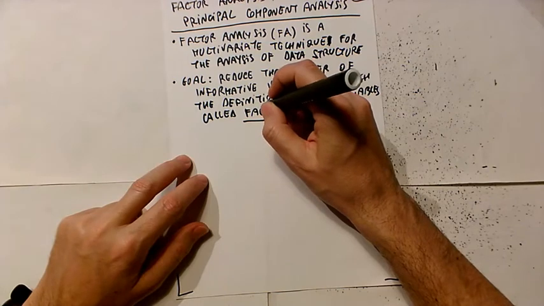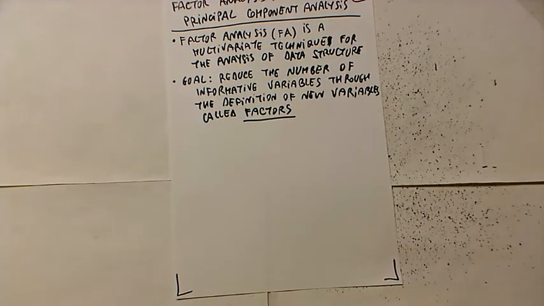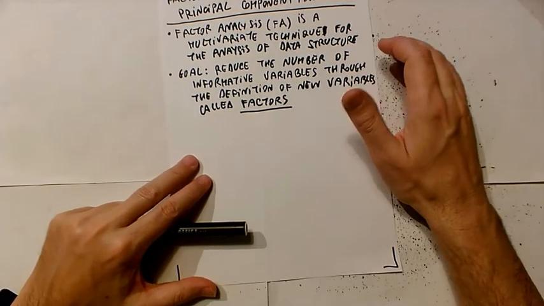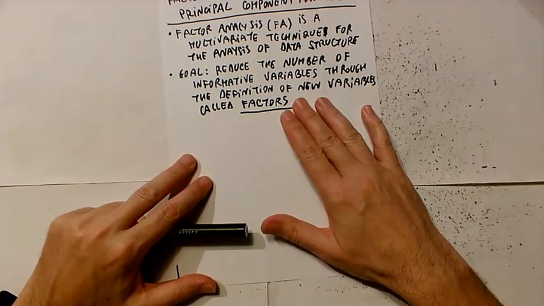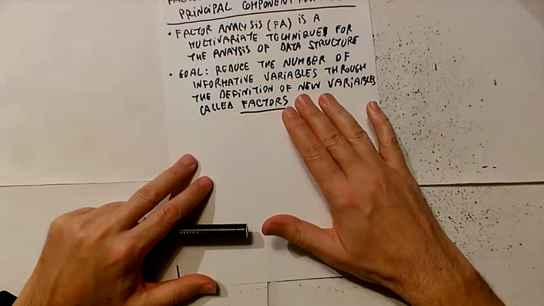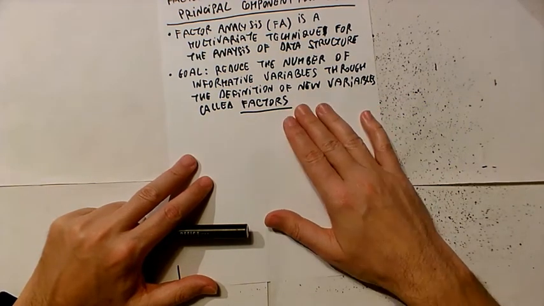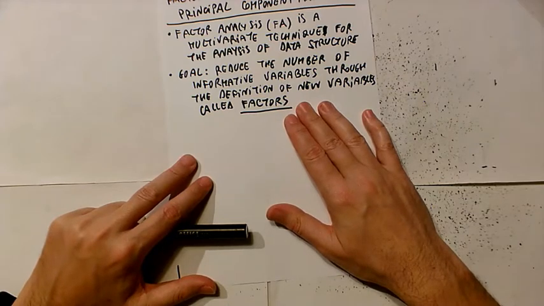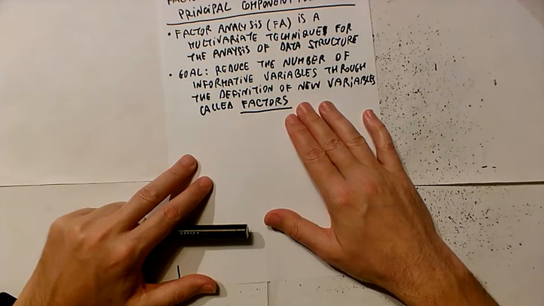So we start with a given number of observed variables, and the final output consists in new variables called factors.